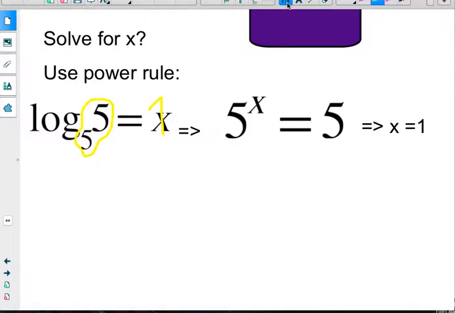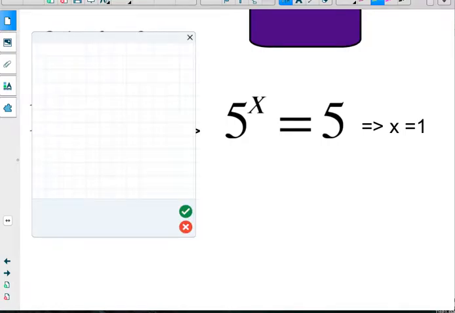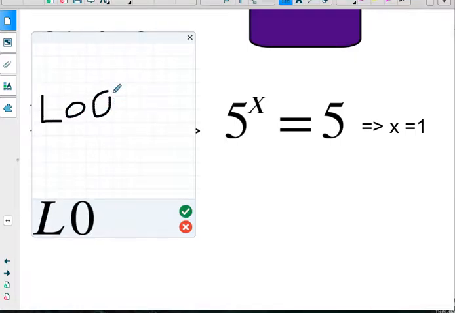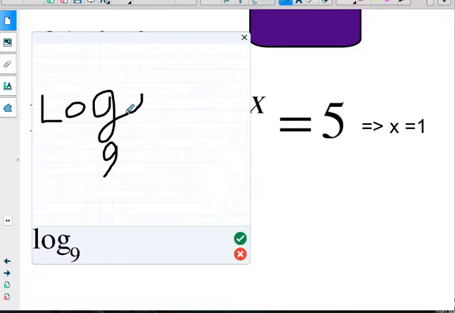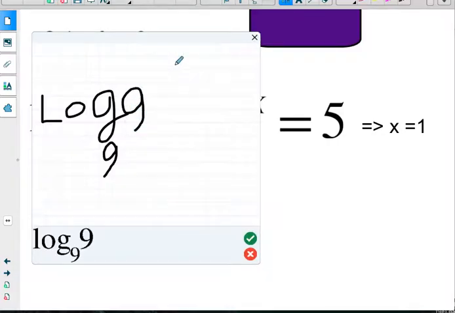Now let's see how this relates to a log equation. I'm going to do an example using the power rule. Let's choose a number. Let's go for 9. Log base 9 of 9 to the power of 100.